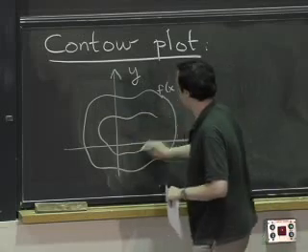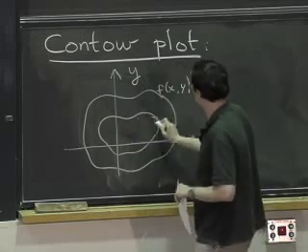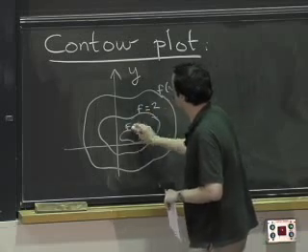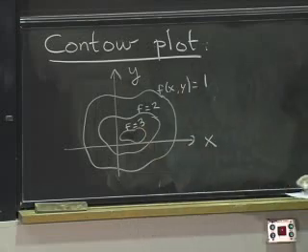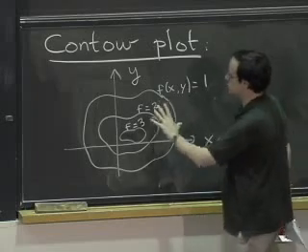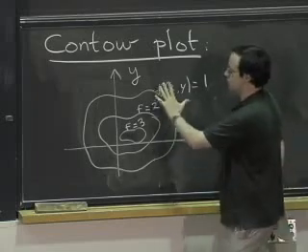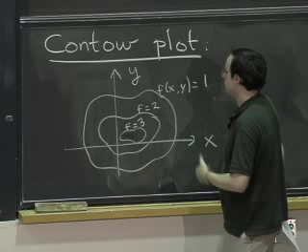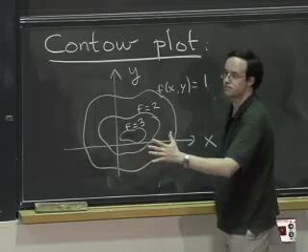And that curve might be all the points where f equals 2, and f equals 3, and so on. Okay? So when you see this kind of plot, you're supposed to think that the graph of the function somewhere sits in space above that. It's like a map telling you how high things are.